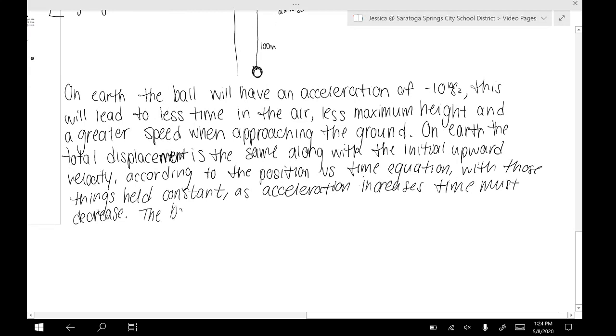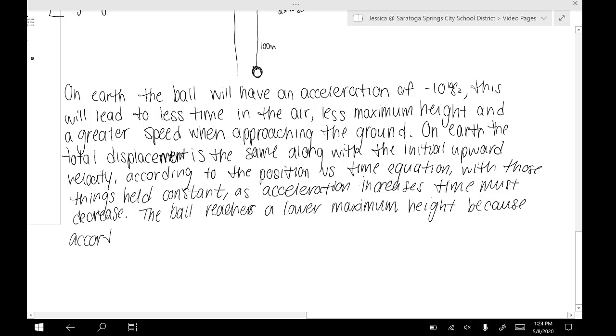So the ball reaches a lower maximum height because, according to v squared equals v0 squared plus 2a delta y, where v equals 0 and v0 equals 15, because the speed at the top is 0, we have to stop at the top.